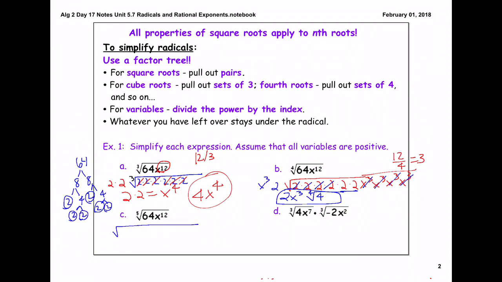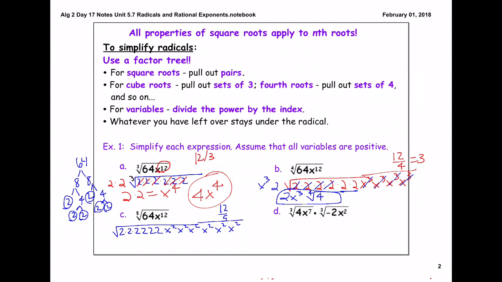So again, remember 64 was 2 times 2 times 2 times 2 times 2 times 2. 12 divided by 5 does not go evenly. So we can take a 2 out. If we have x squared, 2, 4, 6, 8, 10, 12.